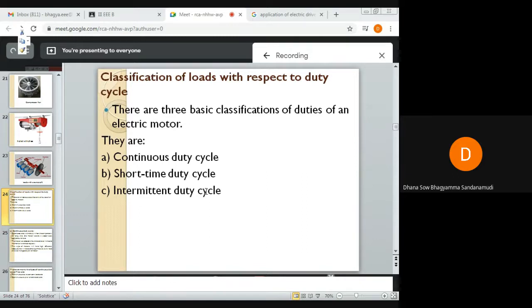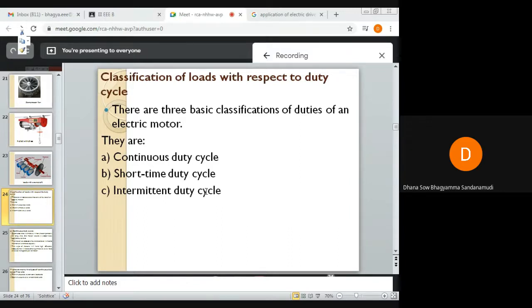So if the motor attains a steady state temperature rise due to the long on period of the load, you can call it continuous duty. The motor so selected should be able to withstand momentary overload capacity.